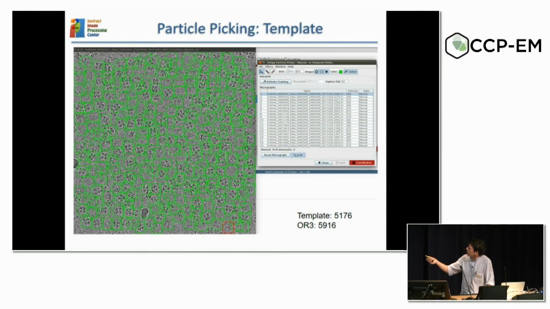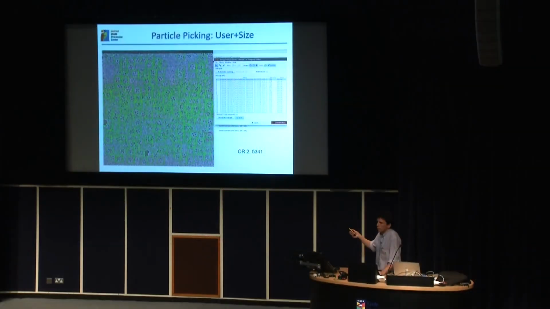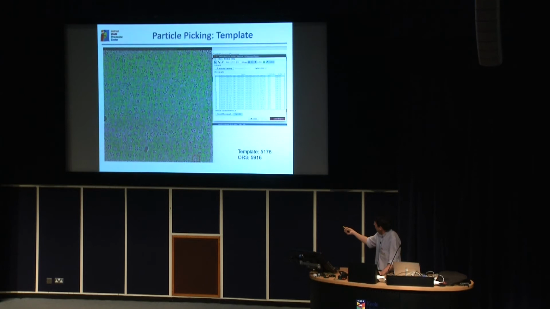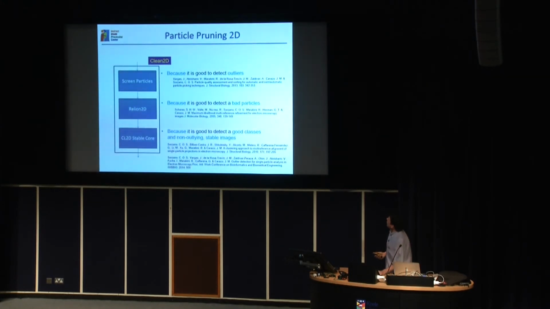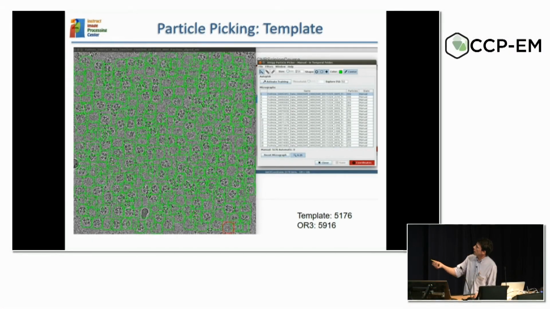And you see, for instance, the particles picked by a template-based algorithm are in the same order of magnitude as using 2 different strategies. And if you combine the 3 of them, you're gaining a little bit more, so like 10% or 20% more particles. Then normally the way I see people using these things is taking the union of different pickers.